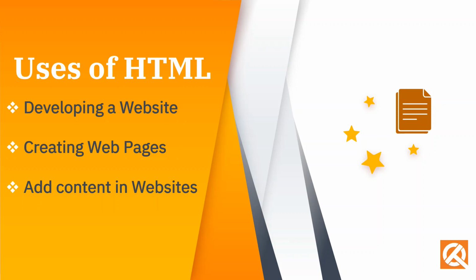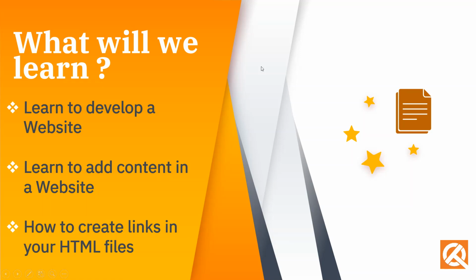We can add content in those web pages, and it also helps us to link those web pages together. And finally, it helps us to add content in a website. Whenever we are talking about adding text, images, videos, or forms to a website, anything that you want to add to your website is going to be done through HTML.